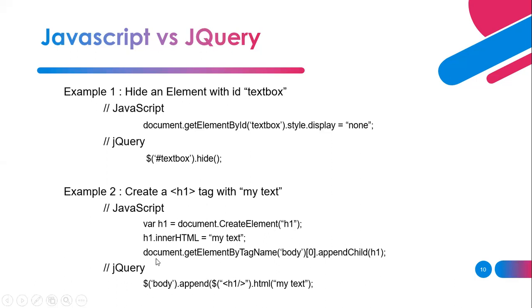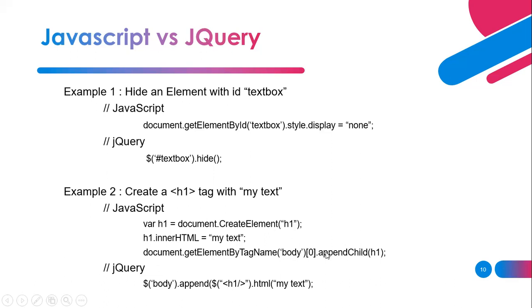And then here, document.getElementsByTagName body first. After that, we can add the new element using appendChild like this. It will be so many lines and so much code that we must write. But when we are using jQuery to get the body, we just need to use a $ sign and the name of the tag, body.